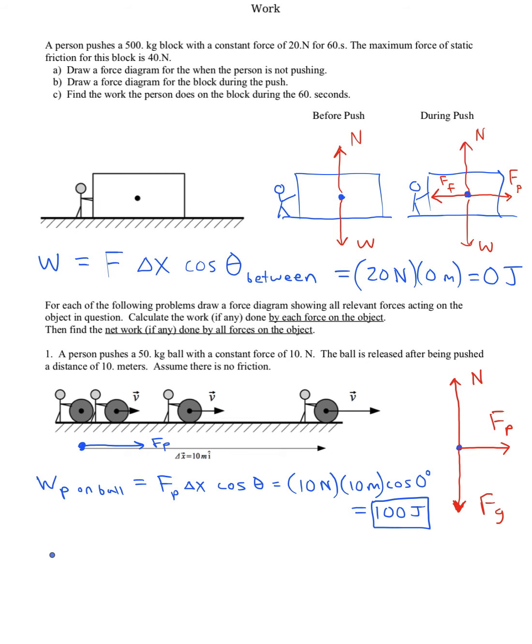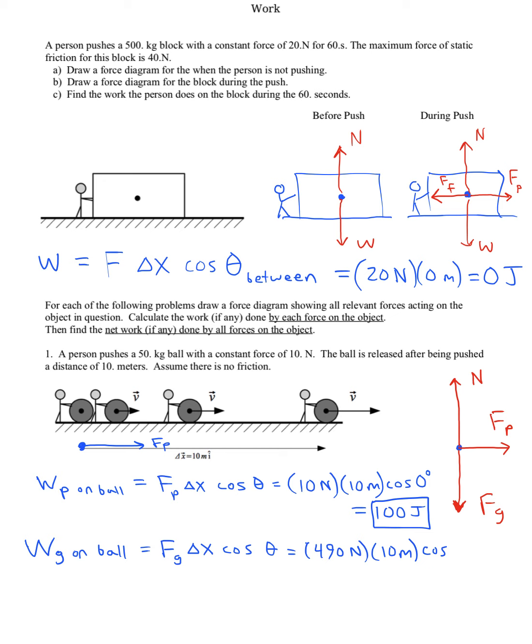Let's calculate the work that the force of gravity does on the ball. It'll be the weight times the delta x of the ball times the cosine of the angle between them. So the weight of this ball is a 50 kilogram ball. That's a weight of 490 newtons. And the ball goes 10 meters.